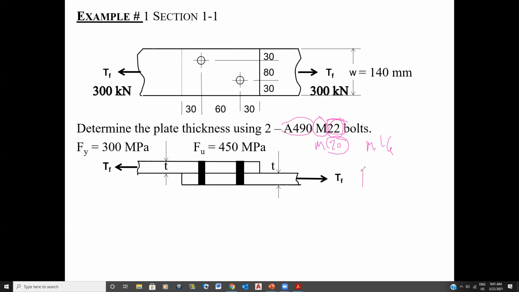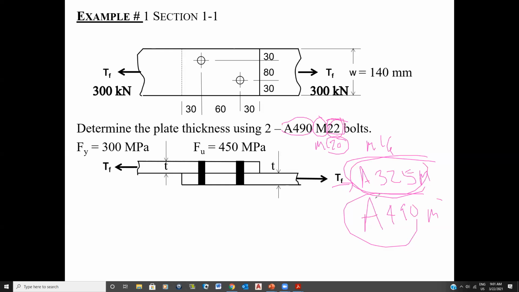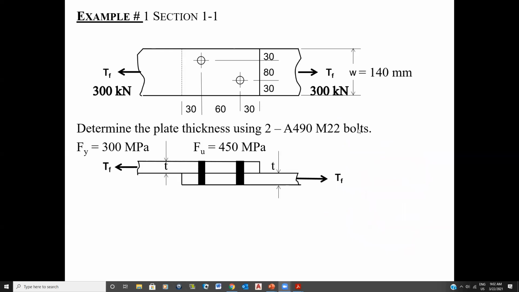There's A325, which is a high strength bolt, and A490, also considered high strength. These are the two high strength bolts, and the most common one is the A325. When you see an M, that's for the metric ones. But when we get into bolts, we'll go over this again.